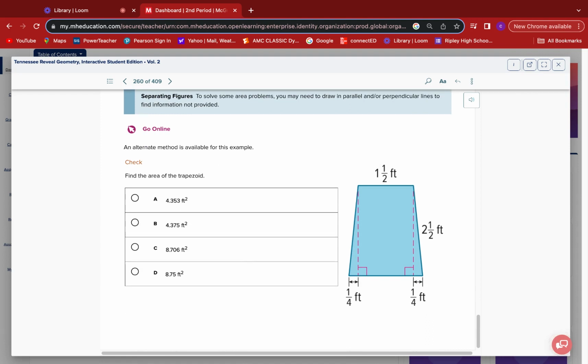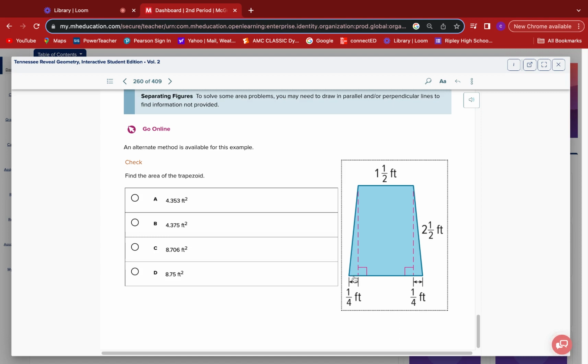Okie dokie, here we go again. We have the check, and it's a multiple choice. All right. So what do I have? I have the base at the top, 1 1/2. Okay. I have to add all three sections together to get the base at the bottom.